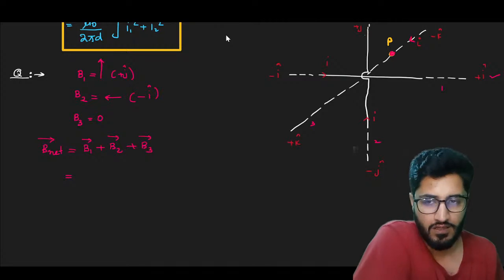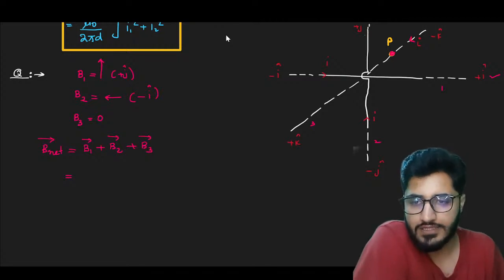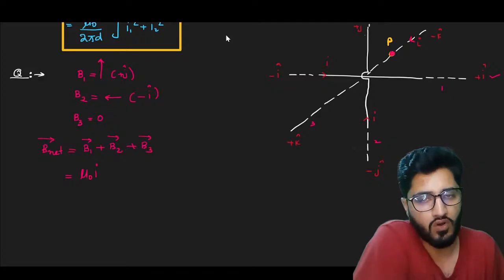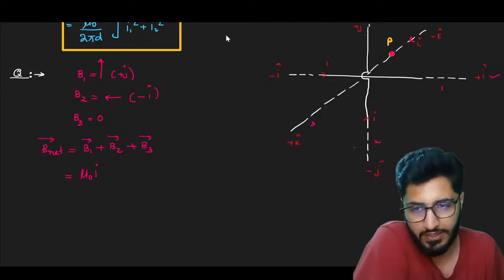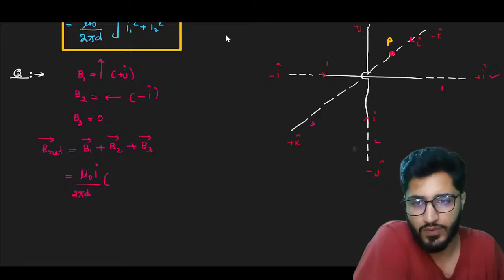Okay. So what is B1 now? We know that it is mu naught I, the current I being the same throughout all these wires, divided by 2 pi d. Distance is the same. Now you can see the first one is plus j cap, so I will write here plus j cap. Plus, what is B2 now?